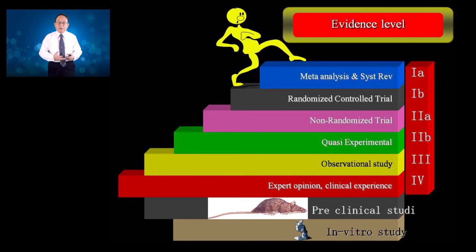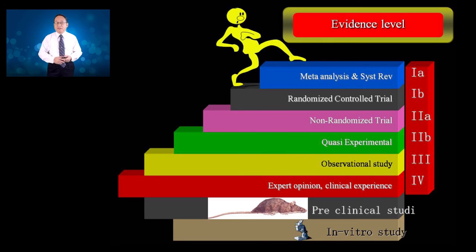So if you find a paper with the title of meta-analysis or systematic review, especially of randomized controlled clinical trials, then you can use that as a reference, as the highest level of evidence, which is 1A, followed by 1B, which is randomized controlled clinical trial. All the evidence must be based on randomized controlled clinical trials.